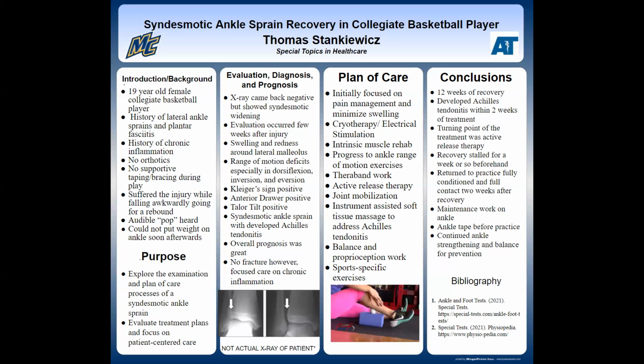And she had range of motion deficits in essentially all ankle movements: dorsiflexion, bringing the ankle up; inversion, bringing the ankle in; and eversion. Eversion and dorsiflexion, especially for the mechanism of injury for this kind of high ankle sprain, that's the most compromised position an individual's ankle can be in, and it is a really common mechanism for this type of injury, for this ankle ligament to be damaged.